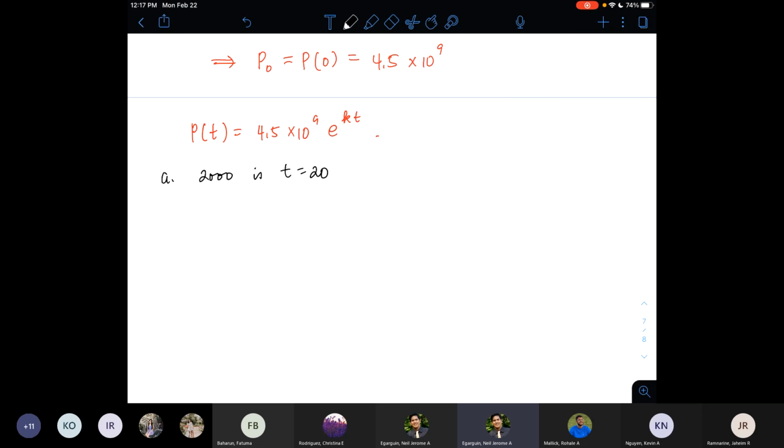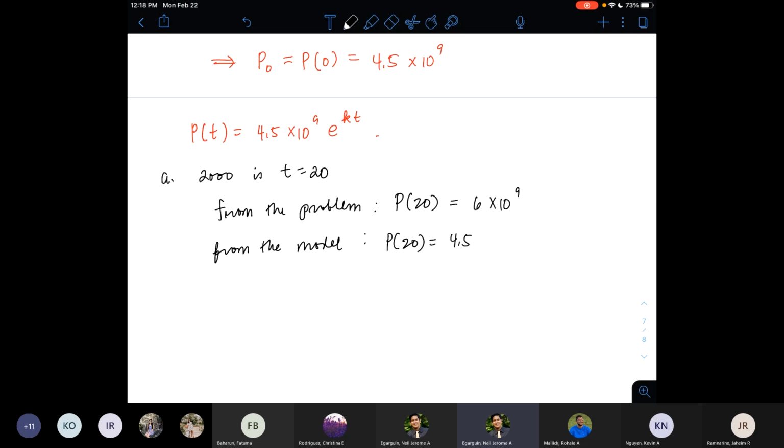So that means from the problem, p of 20, the population at the year 2000, is 6 billion. This is from the problem. But from the model, another way of looking at p of 20 is that it is 4.5 times 10 to the 9th e to the k times 20.